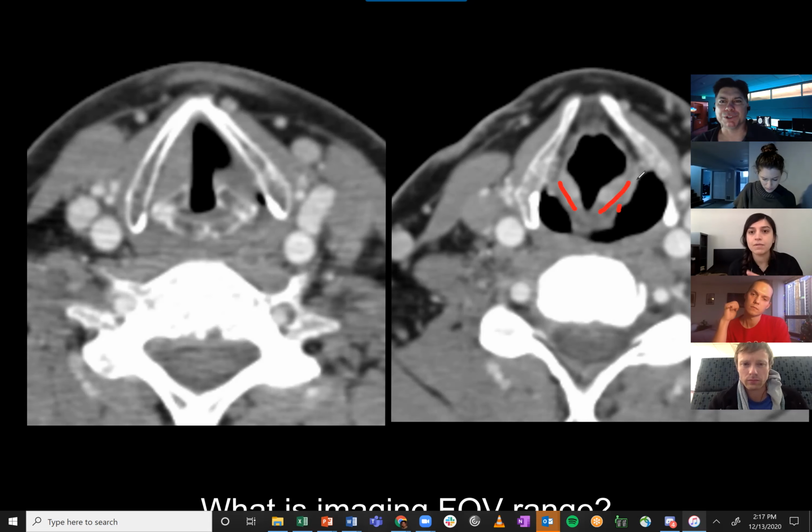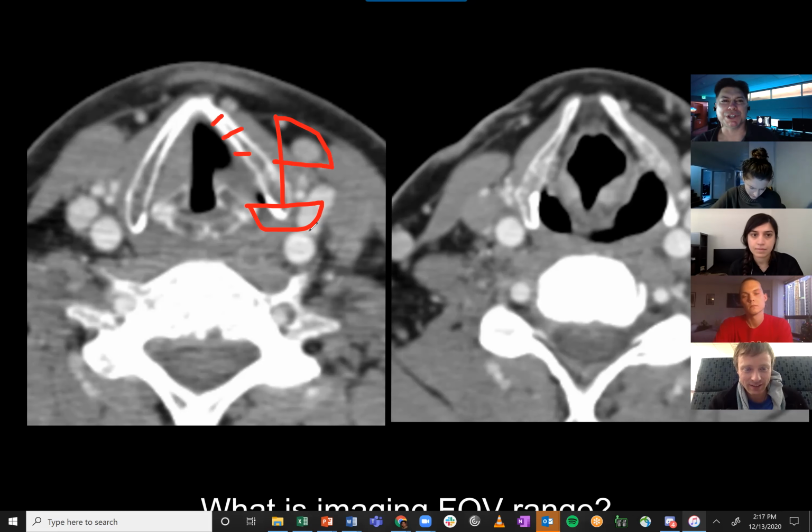What are these air-filled spaces? Those are the piriform sinuses. That's right, piriform sinus. The left side is larger than the right side. And that goes along with the sail sign on the left side and the enlargement of the piriform sinus on that side. So the left vocal cord is paralyzed. That's exactly right. So this is a left paralyzed cord.